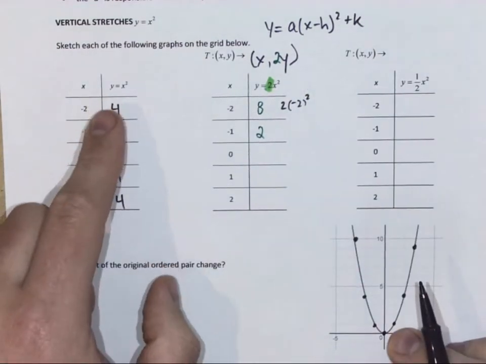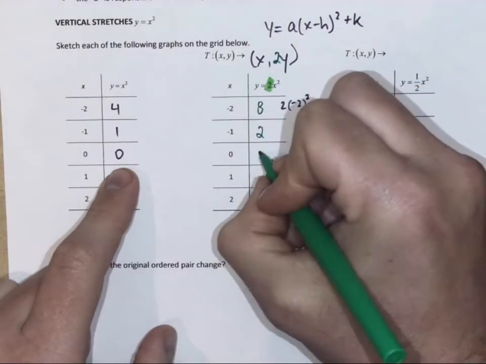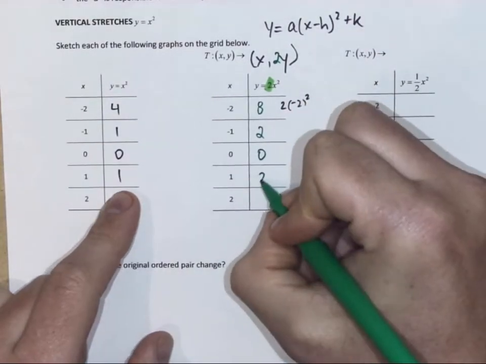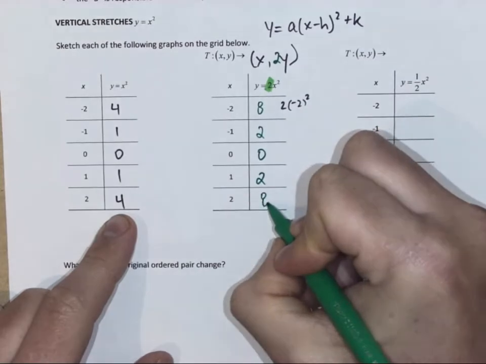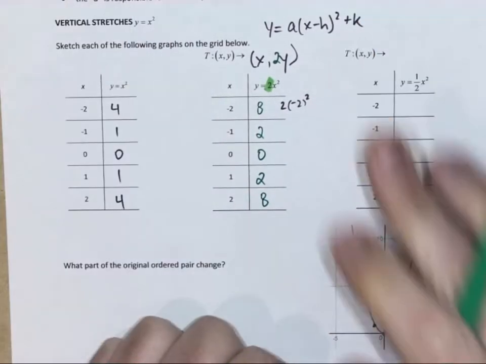So each y value is going to be multiplied by 2. 0 times 2, still 0. 1 times 2, 2. 4 times 2 is 8. And now I have my transformed parabola.